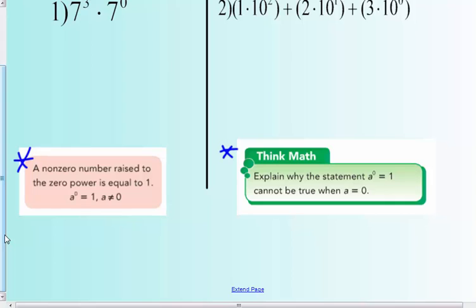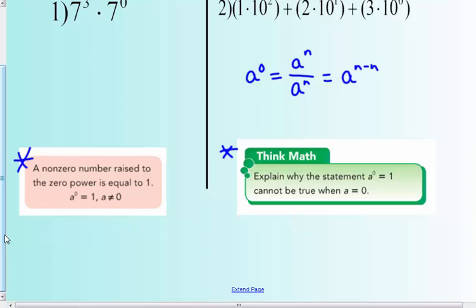Okay, well, let's say that we have our a to the 0 power, like it says here. Copy this into your notes. It would have to equal some a to the nth over a to the nth, because that would equal a to the n minus n, which would give me 0. Now let's say our base is 0.